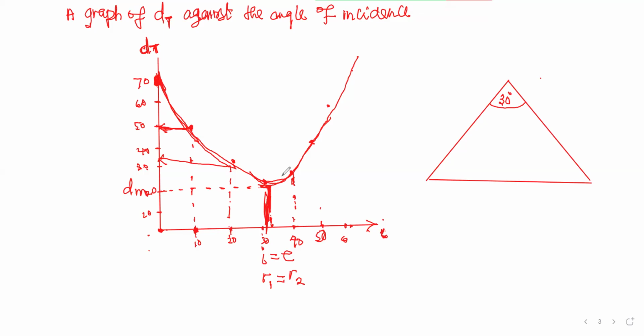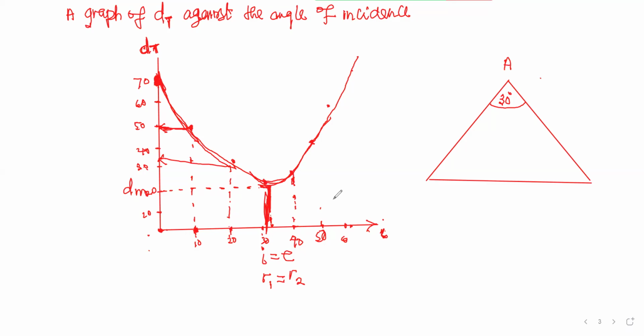I'm reading. A ray of light incident normally on a triangular prism of refracting angle 30. So the angle of the prism A, we are told, is 30.